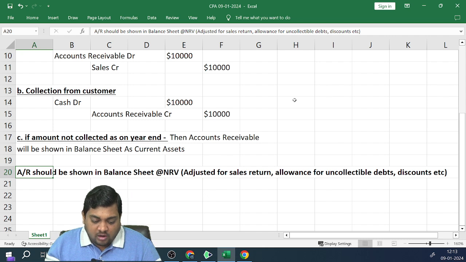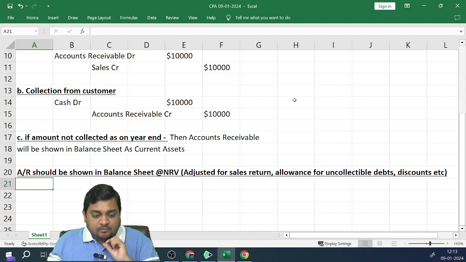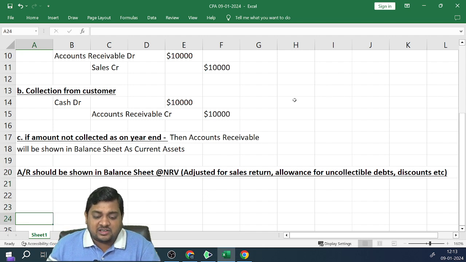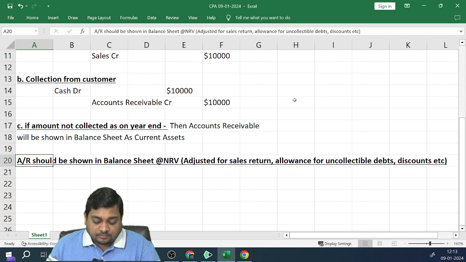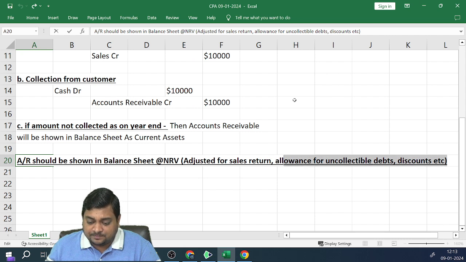So this is very important. AR should be shown in the balance sheet at NRV, adjusted for sales return, allowances for uncollectible debts, discounts, etc. So these things you have to remember.